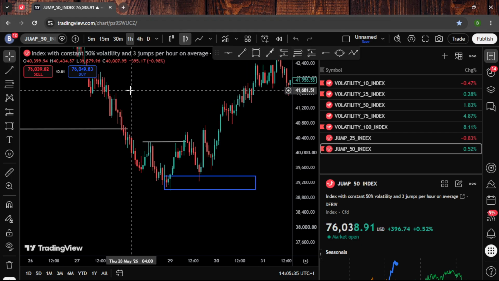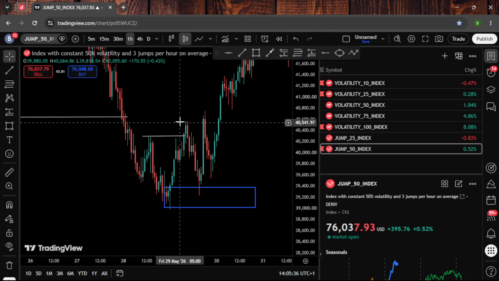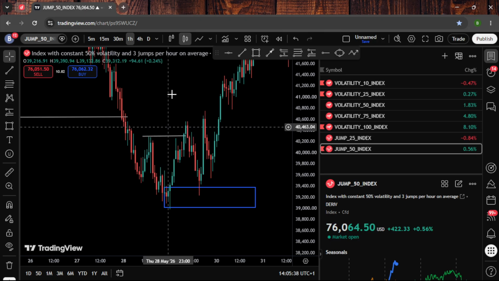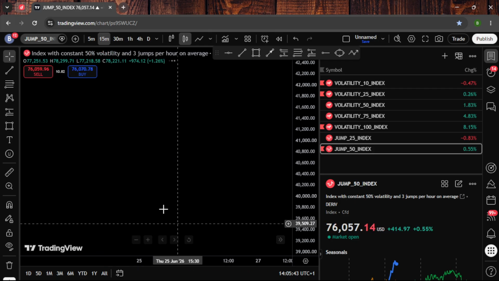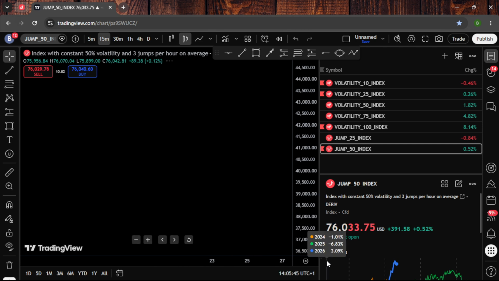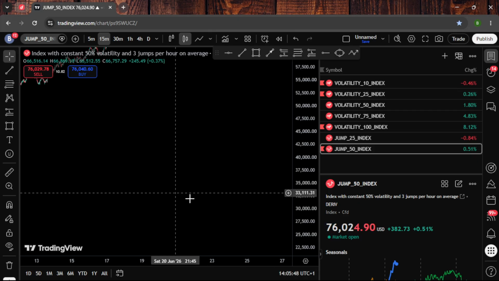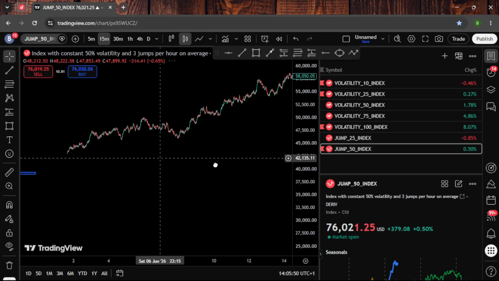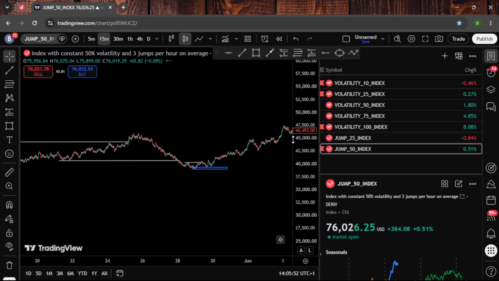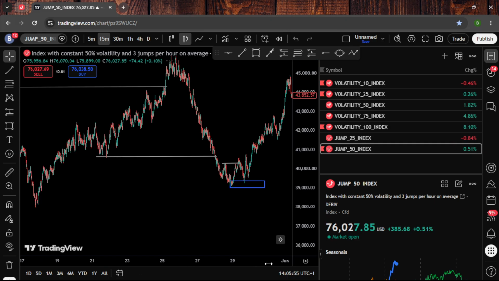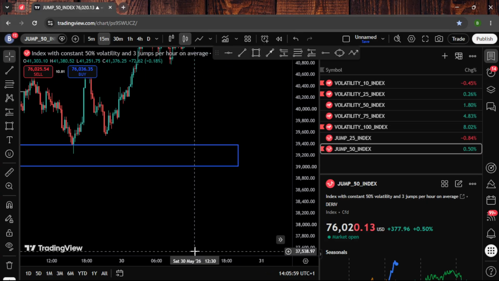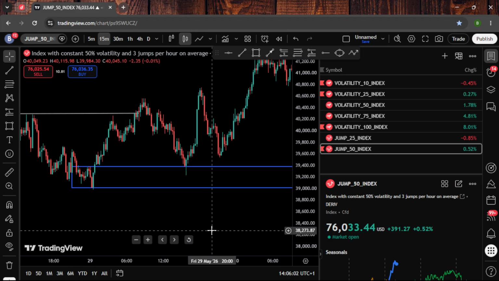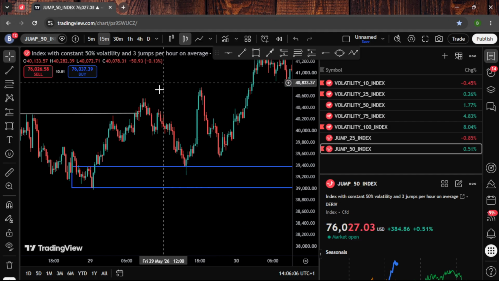And then after the H1 change of structure, obviously the market will pull back. I went to the 15 minutes time frame to look for candlestick pattern. Alright, so for this trade, we actually entered here because I missed this one.